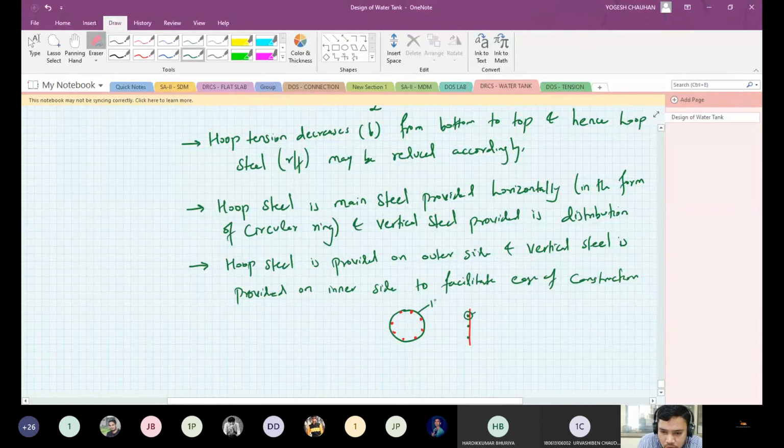This is also hoop steel, and this is hoop steel. And this hoop steel resists all the pressure from the water inside. And this vertical steel is just minimum steel provided.